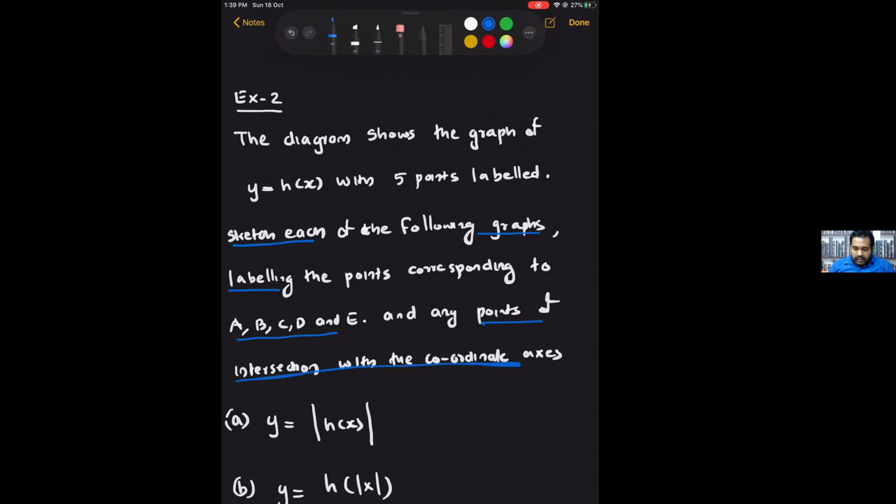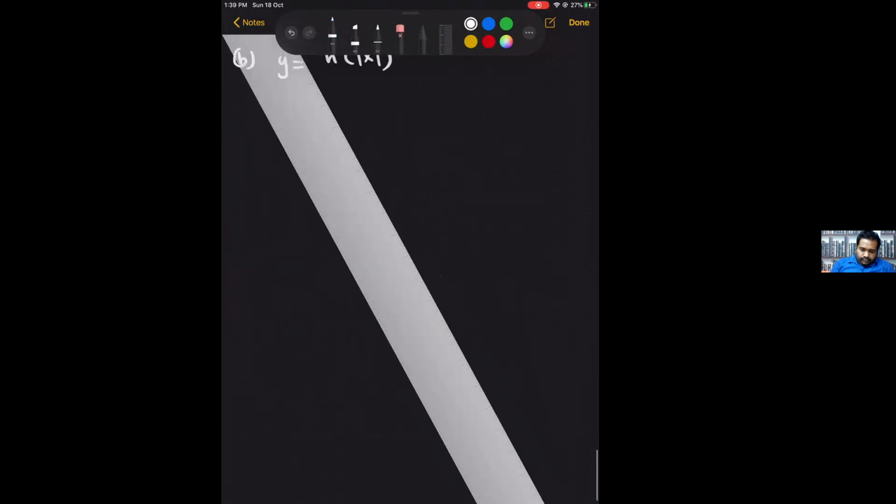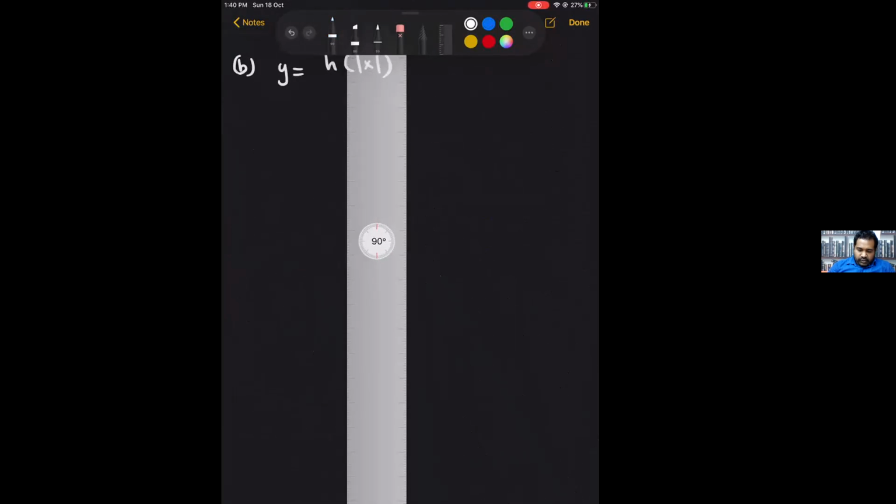So these are the main objectives we will accomplish after doing this question. Clear? Okay, so I will provide you the graph, and this is the graph for h of x.